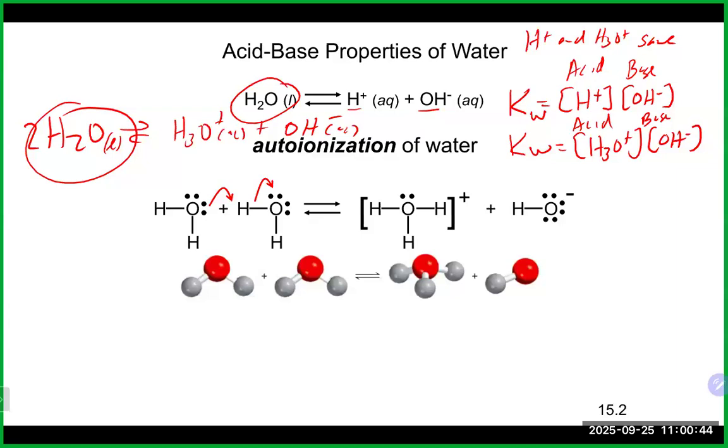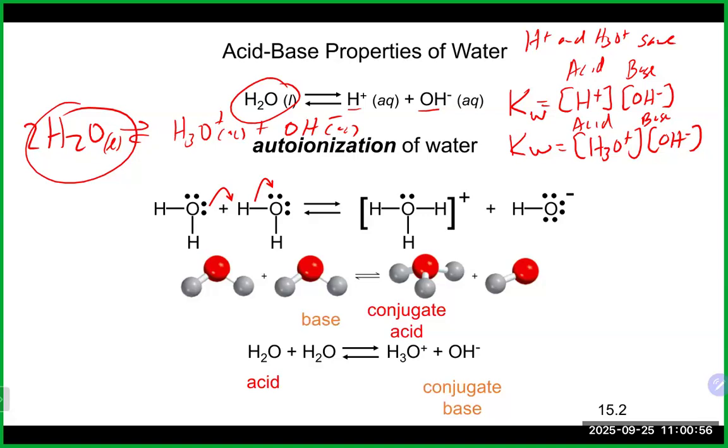Remember that pretty much all K values or K expressions are the same. They're all just products over reactants. They kind of follow the same rules. And again, in this situation, one of the waters is going to act as the acid and one's going to act as the base, producing our conjugate acid base pairs in solution.